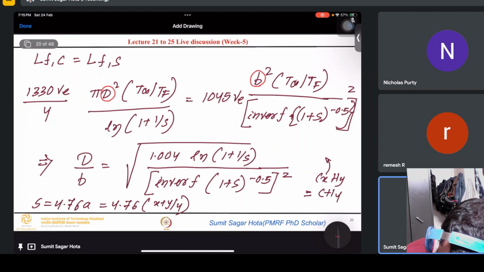So x is equal to 1, y is equal to 4. 1 plus 4 by 4 is 2. 4.76 into 2 is equal to 9.52.